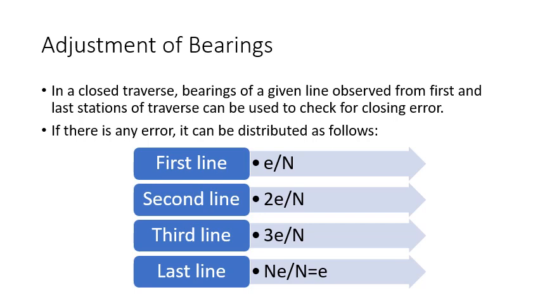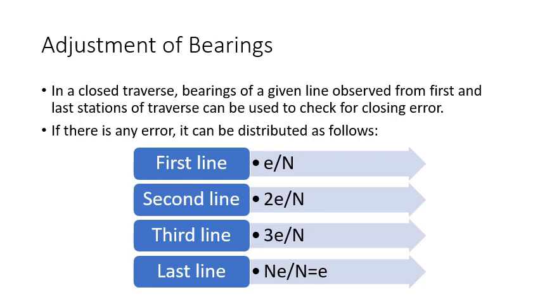Now let us see how to do the adjustment for bearing. Suppose you have taken your data using the bearing method. For each and every survey line, you find out the bearing from the north direction. So how do we identify whether there is any problem with the bearing?